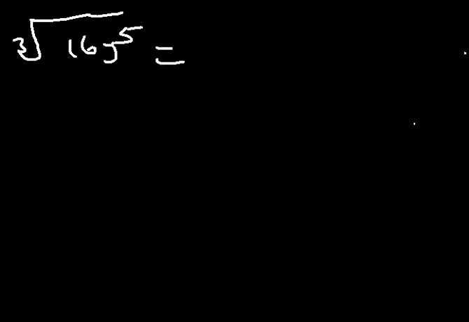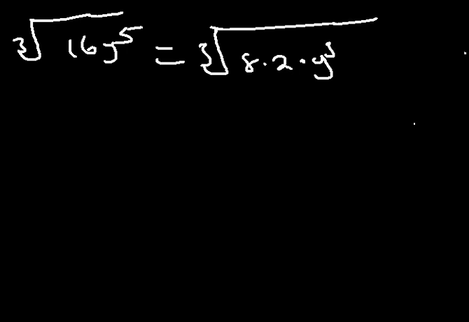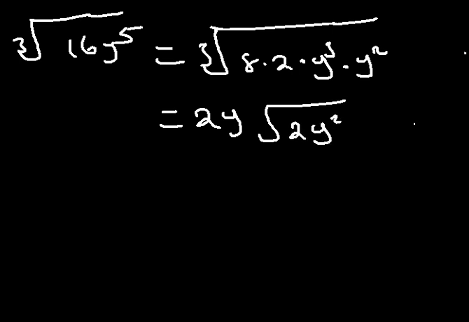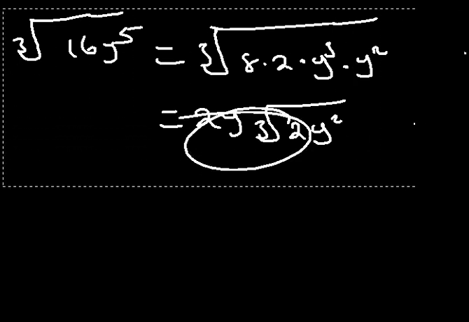So you see that having this is the same as having the cube root of 8 times 2 times y to the power 3 times y to the power 2. So in this case, what is the cube root of 8? That is 2. What is the cube root of y to the power 3? That is y. Then the cube root of 2 times y to the power 2. That is the working principle in that case.